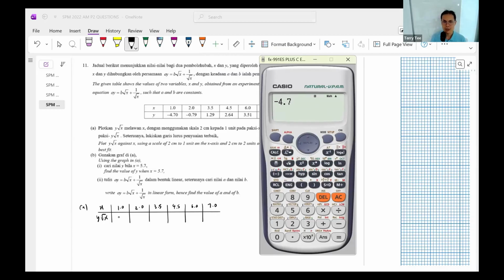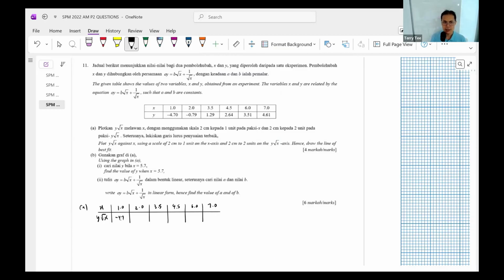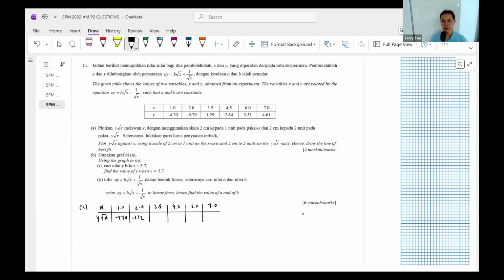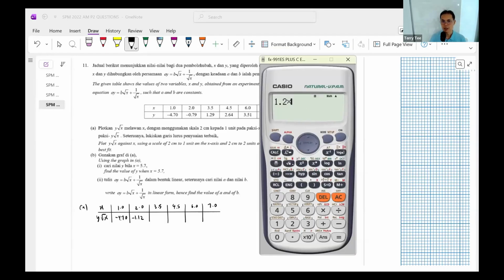Square root 1 is still 1, so it's negative 4.7, 0. Second one, negative 0.79 with a square root of 2, negative 1.12. Third one, 1.29, square root 3.5. You should get 2.41.